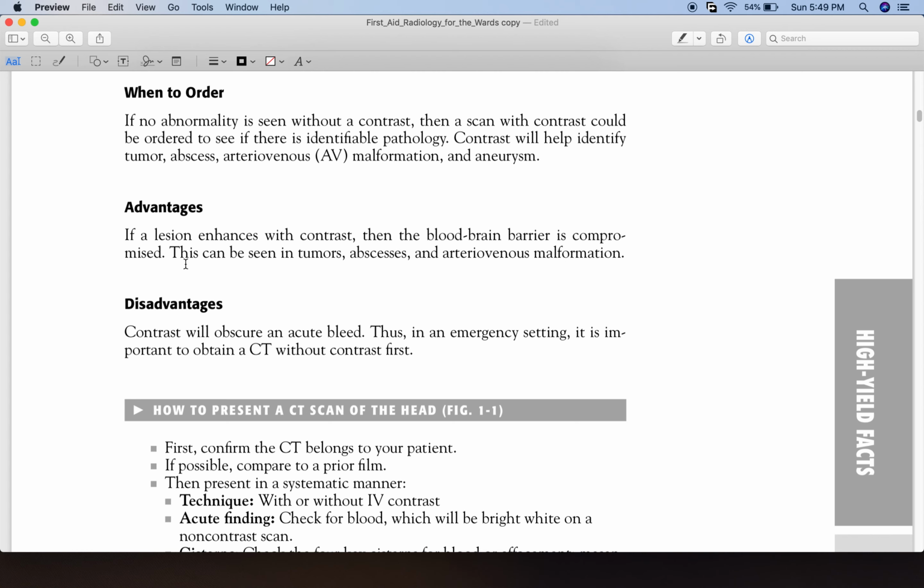If a lesion enhances with contrast, then the blood-brain barrier is compromised. This can be seen in tumors, abscesses, and arteriovenous malformations. The disadvantages, however: contrast will obscure an acute bleed. Thus, in an emergency setting, it is important to obtain a CT without contrast first.